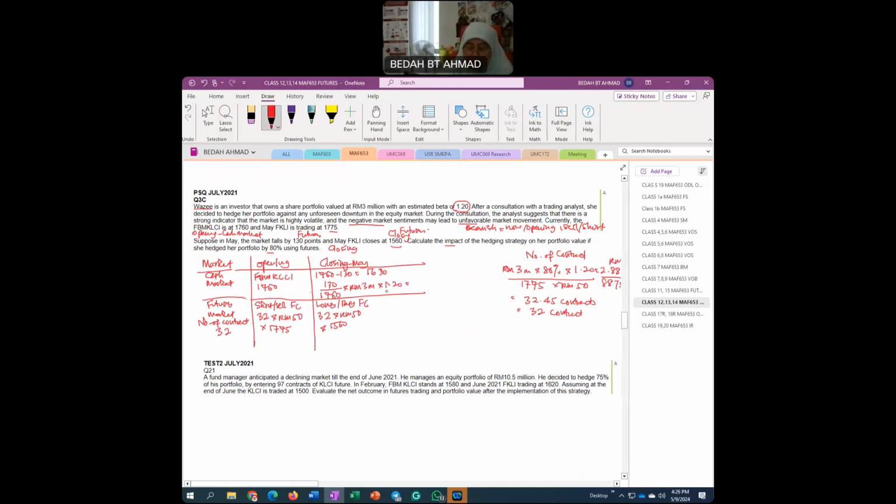So 3 million times 1.2 is 3.6 million. So 130 divided by 1760 times 3.6 million, it is 265,909. So this is the gain or loss.